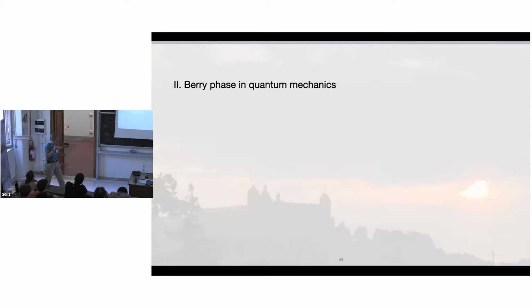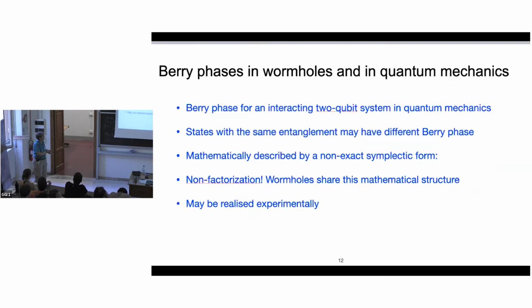Okay, so that's the starting point. We can use the Berry phase to characterize this behavior very nicely, and so I'm going to show this interacting two-qubit system in quantum mechanics. Essentially what we're going to see is that states with the same entanglement, in the sense of the same entanglement entropy, may still have different Berry phases.